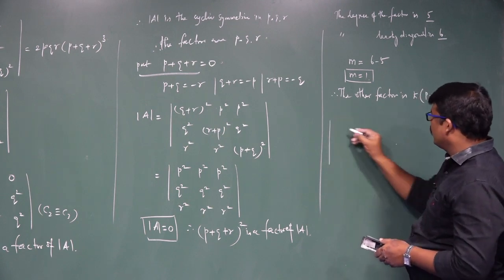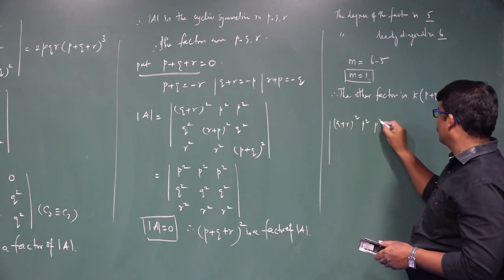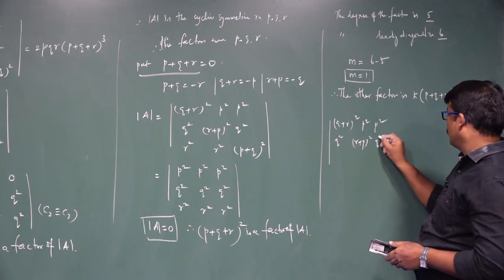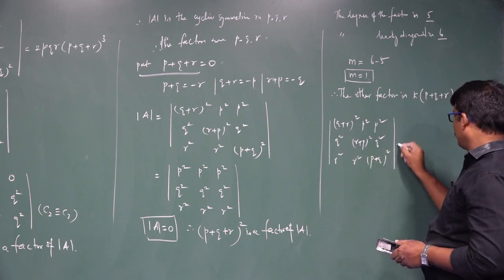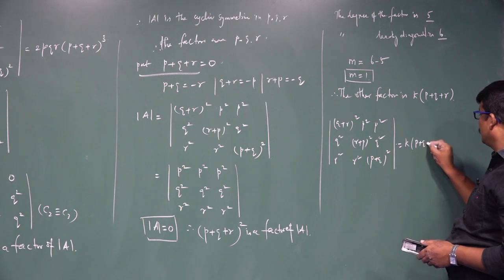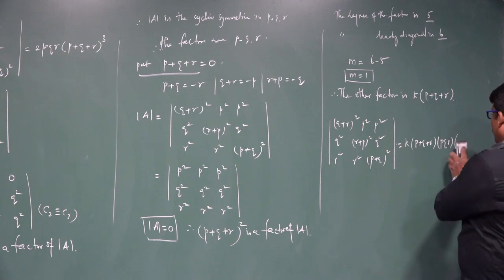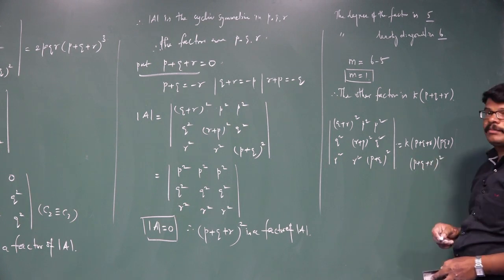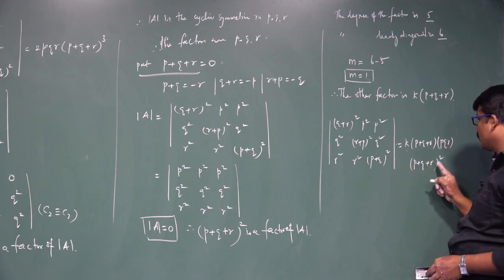Given the determinant Q plus R whole square, P square, Q square, R plus P whole square, Q square, R square, P plus Q whole square equal to, getting the factors, K into P plus Q plus R into PQR into P plus Q plus R whole square.